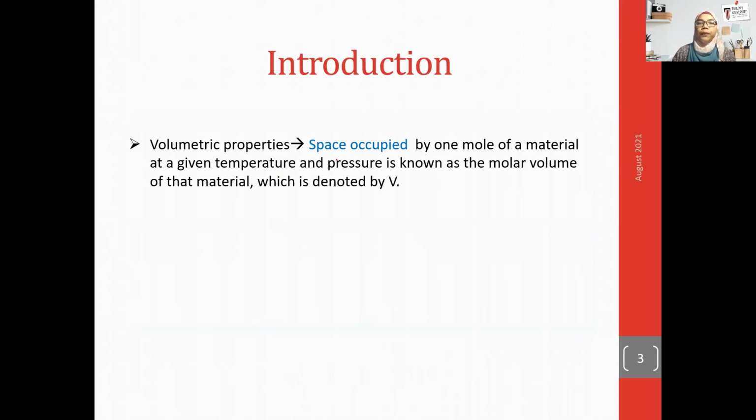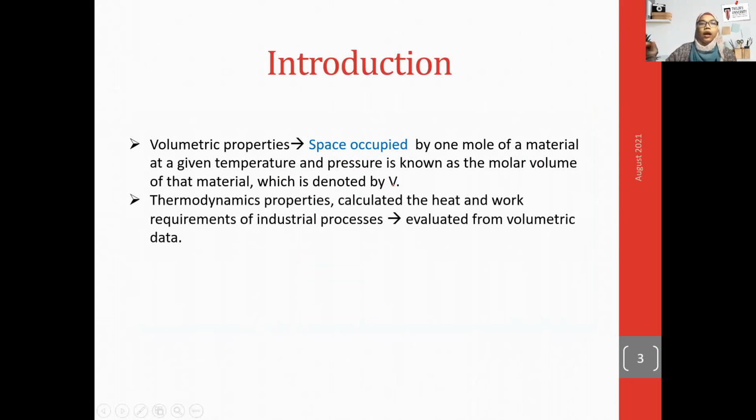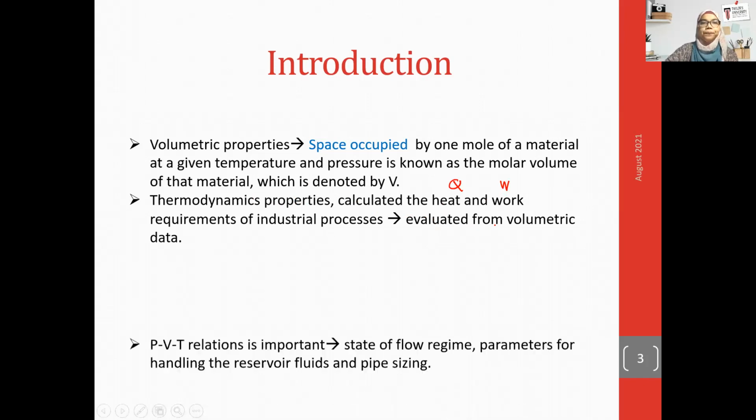Volumetric properties: the space occupied by 1 mole of material at a given temperature and pressure is known as the molar volume of that material, denoted by V. The thermodynamic properties used to calculate the heat and work required of industrial processes can be evaluated from volumetric data.